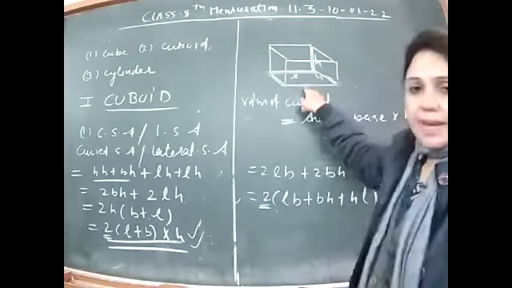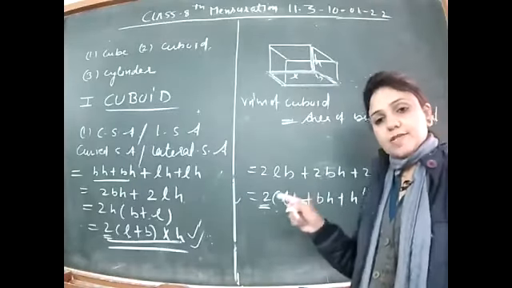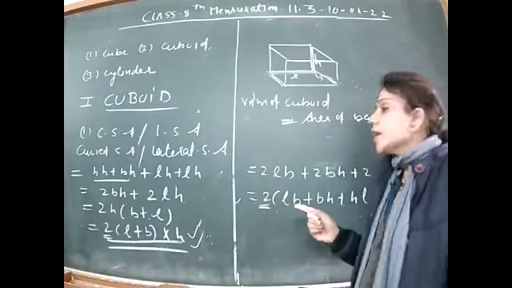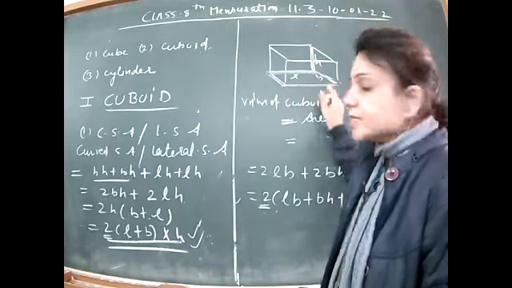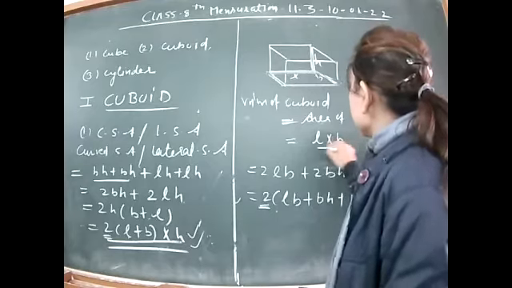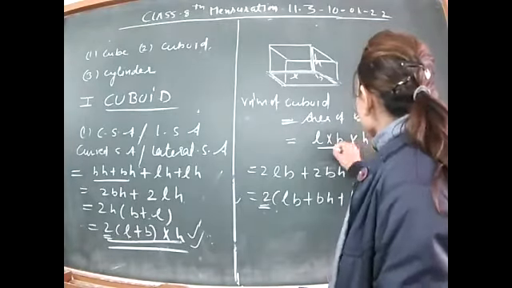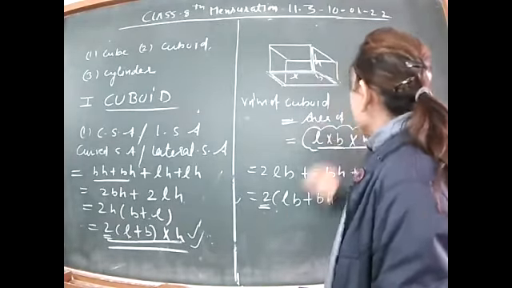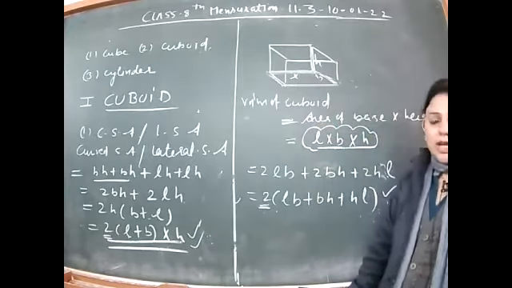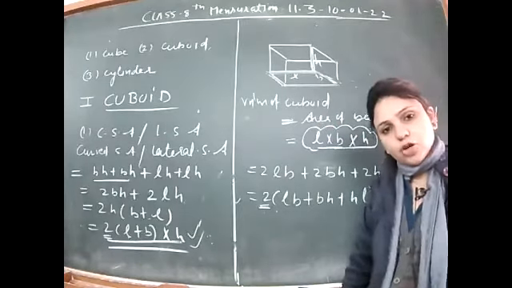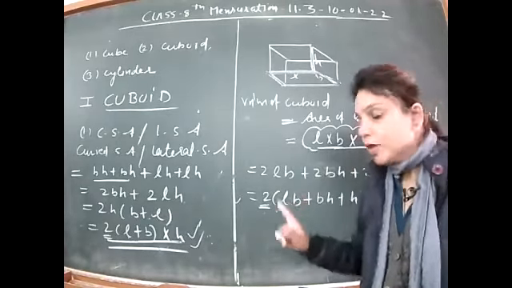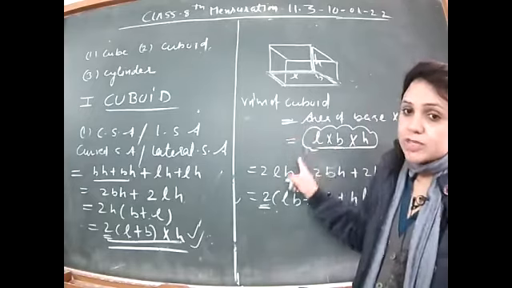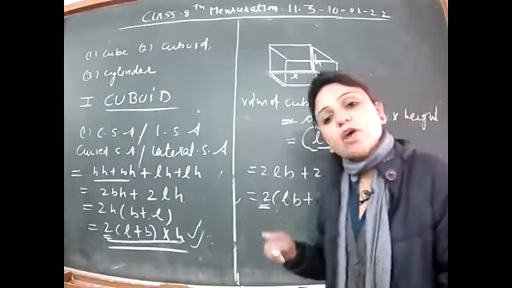Now you see this is the base, a rectangle whose length is L and breadth is B. So what is the area of the base? You know, for a rectangle whose length is L and breadth is B, its area is L into B, multiplied by H. So this is the volume of the cuboid, that is L into B into H. How is it derived? By multiplying area of the base into height.